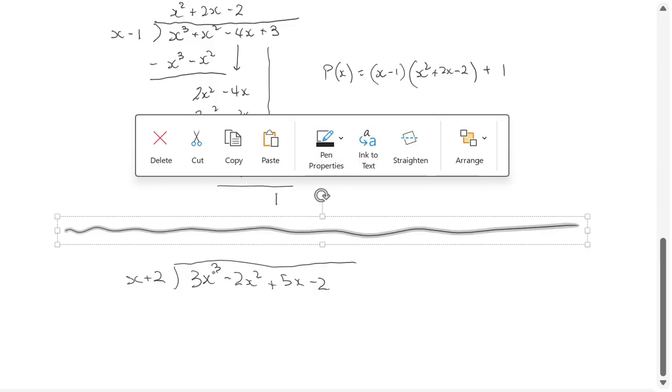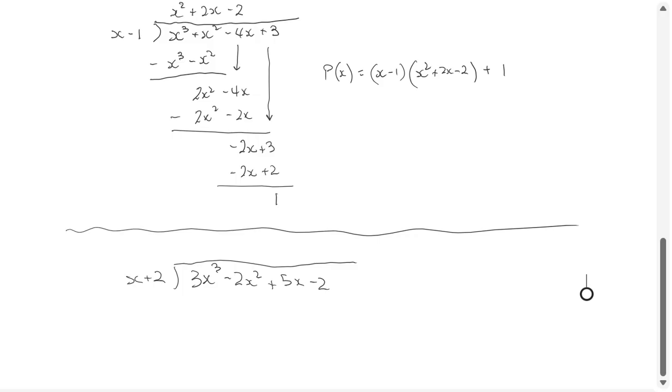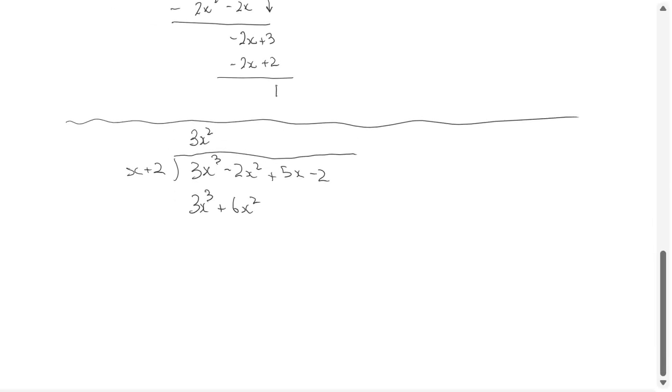All right, so 3x cubed, I am dividing that by x to get 3x squared in here. Now I multiply out 3x cubed plus 6x squared. Give myself a bit more space here. Subtract. Negative 2 subtract 6. Careful, negative 8x squared. Let's bring down that plus 5x.